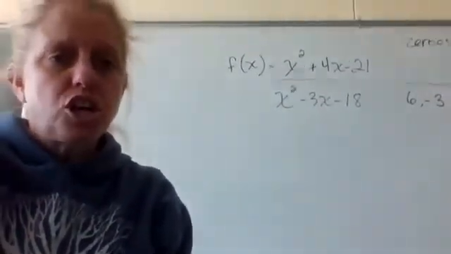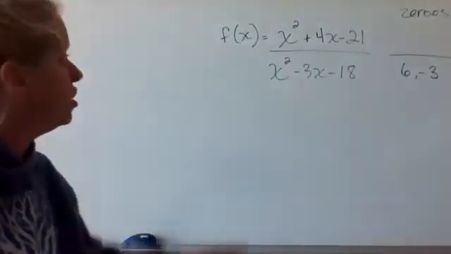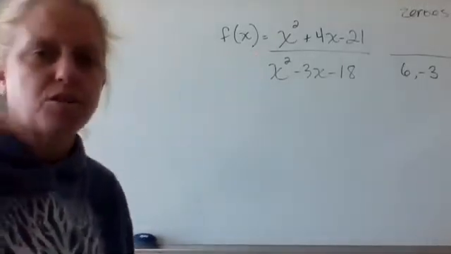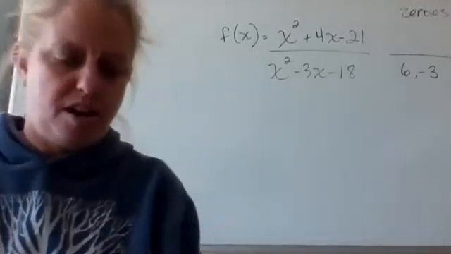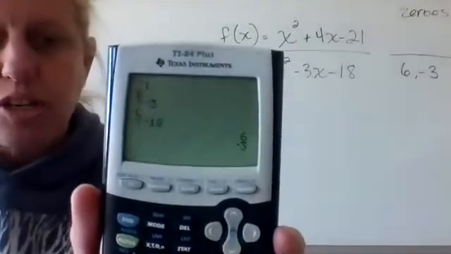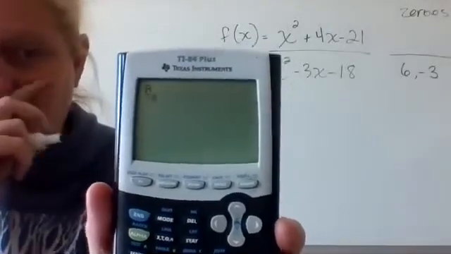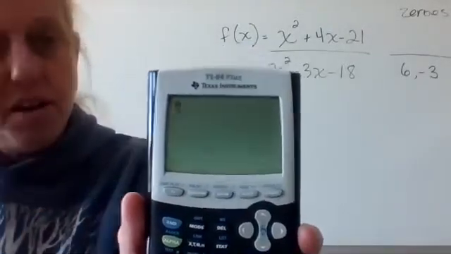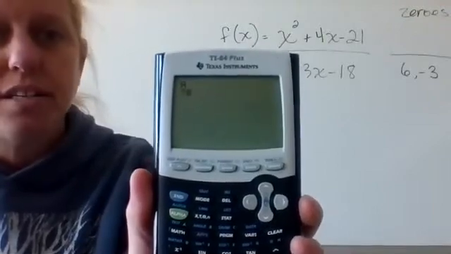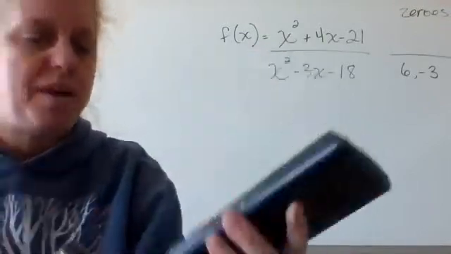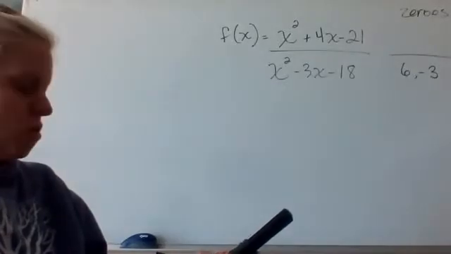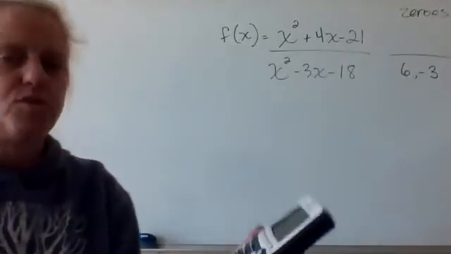Now, just to be sure, those are going to be vertical asymptotes, unless one of those numbers is also a zero of the numerator. So just to double check, find the zeros of the numerator in quad, by typing in its A, B, and C, which is 1, 4, and -21.